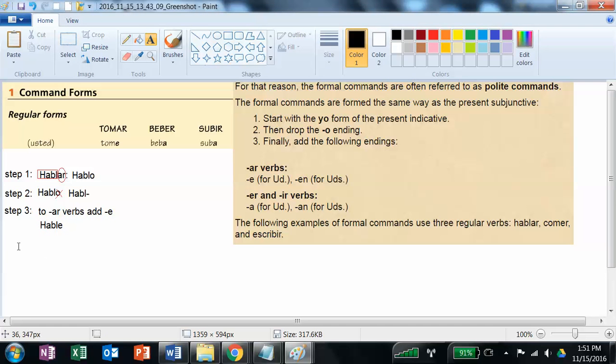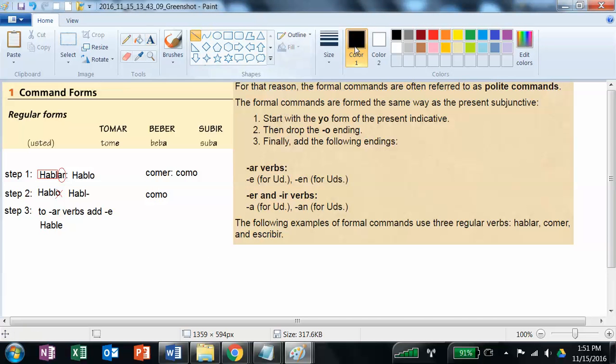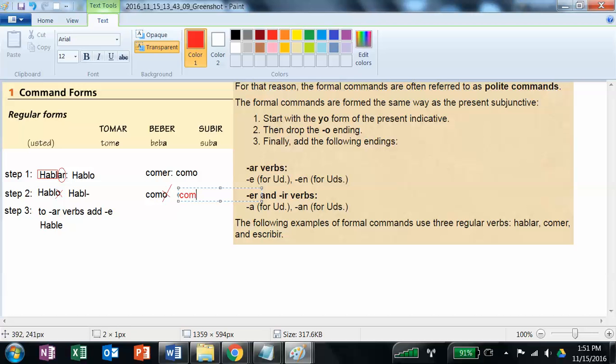And so then if I did eat, I would have comer, which then I would make como. I would then take como and get rid of my O, and I would have com.